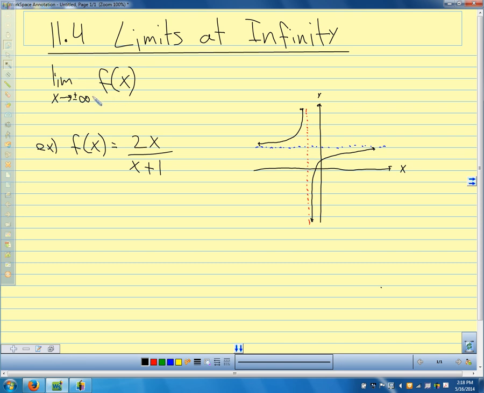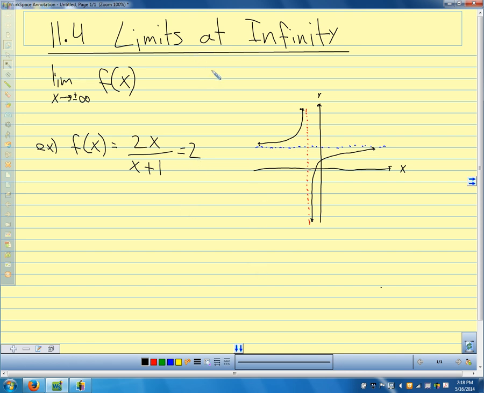We're interested today in the limit as x approaches positive and negative infinity. So as x approaches positive infinity, what does my function get close to? It gets close to the asymptote, close to 2. And as x approaches negative infinity, it also gets close to 2.